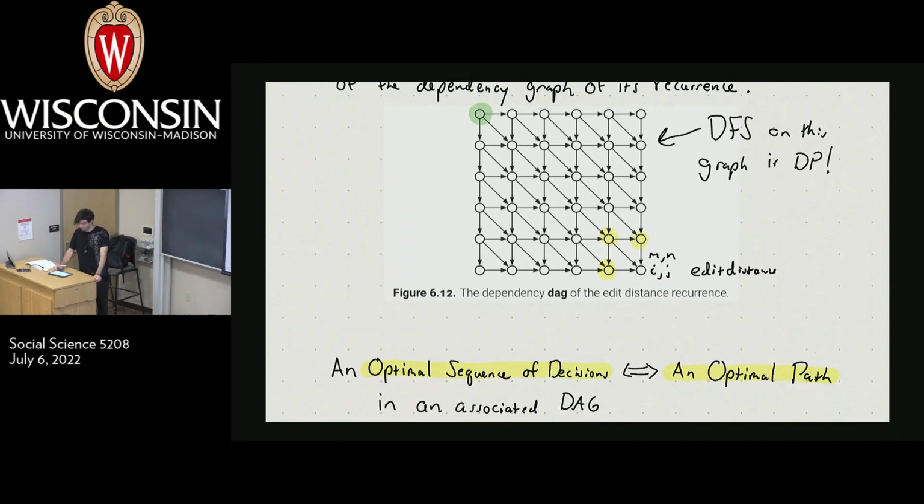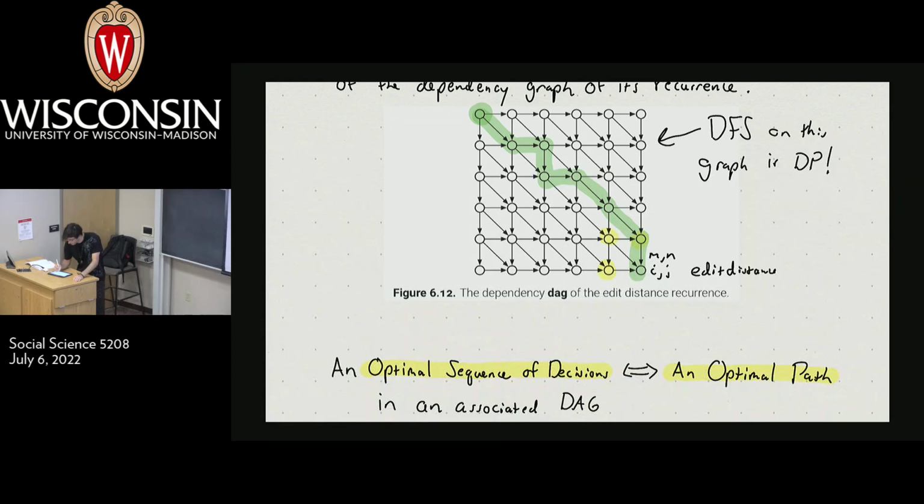So an optimal sequence of decisions, remember, like in edit distance, we have to decide, are we going to insert, delete, or substitute a character. That sequence of decisions we're making is equivalent to just following an optimal path in this DAG. So maybe this is the optimal path in the DAG, and that's equivalent to the sequence of decisions that generated that path.